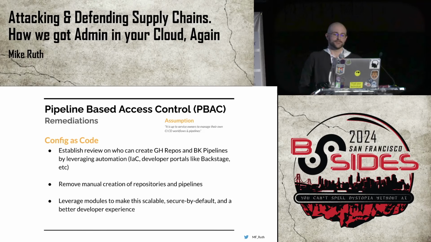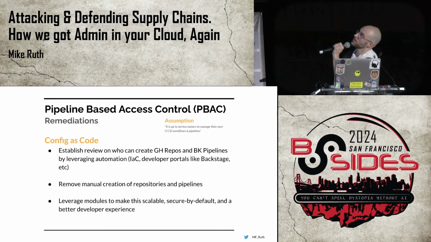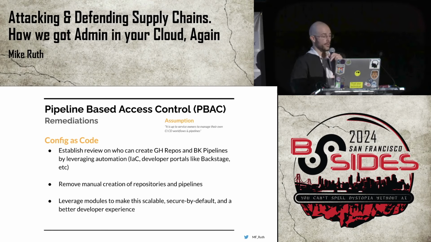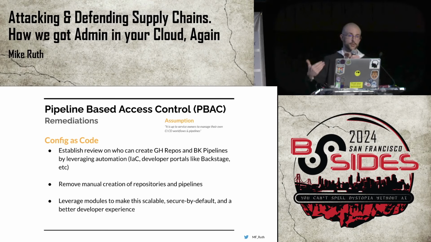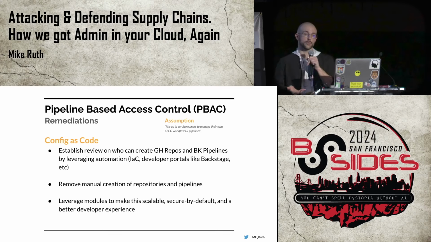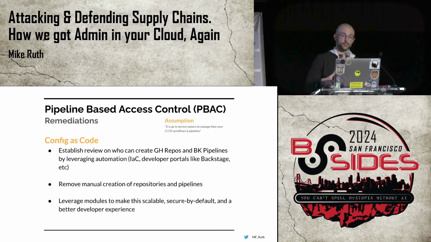All right, so using the assumption here that it's up to service owners to manage their own CI and CD workflows and pipelines, the goal is to make sure that we can continue to keep a good developer experience while also removing the manual creation process by adding some sort of technical gate.